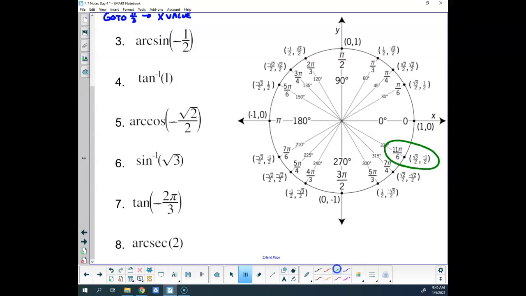But 11 pi over 6 is not in that negative pi over 2 to pi over 2 range, so I change that one to be negative pi over 6. It's in my range.